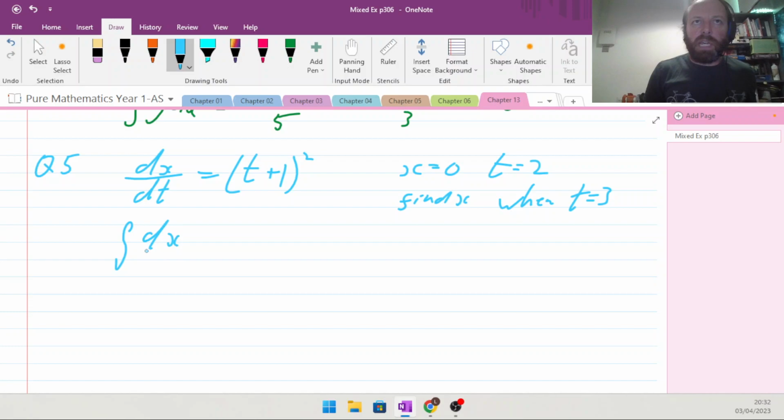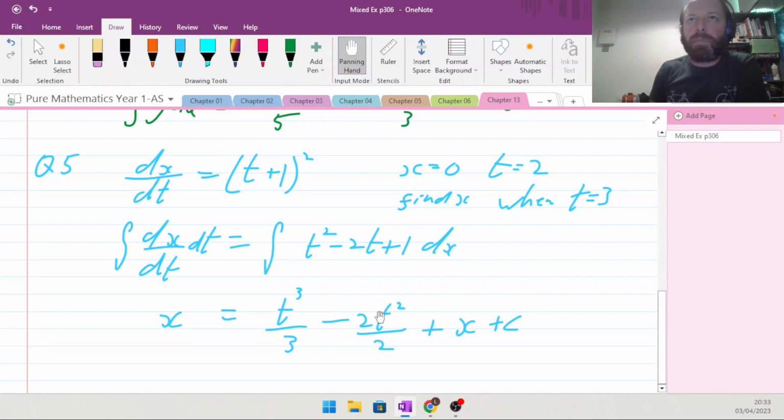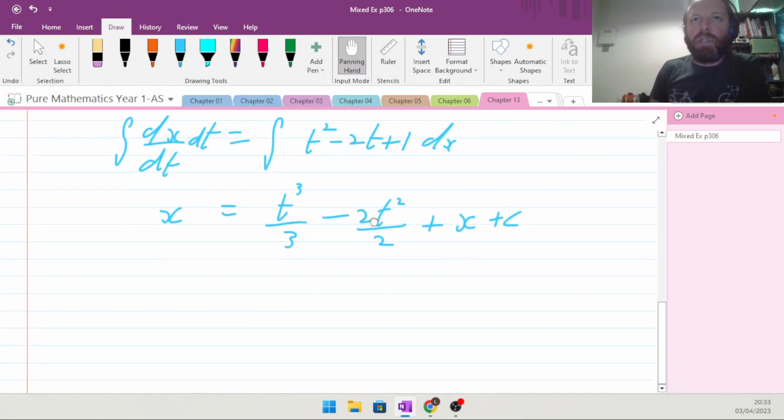now the integral of dx by dt will equal x. Okay, is equal to, I'm going to multiply this out, so we get t squared minus 2t plus 1 dt is equal to, and now doing the integral of that, we do t to the power 3 divided by the new power minus 2t squared over 2, that's going to be cancelling, plus t plus c. x is 0, t is equal to 2.